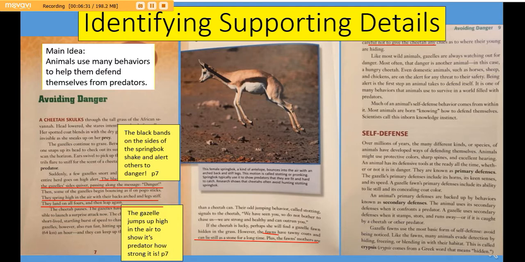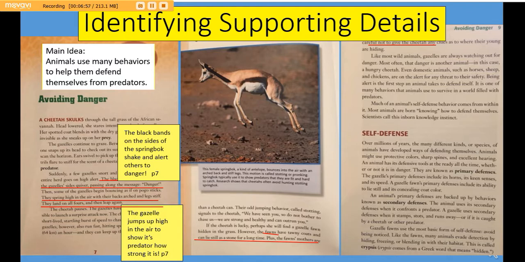Then in the 6th paragraph, I learned that for any animal, it doesn't matter if it's a springbok gazelle or any other animal, being alert is their first step to defending themselves. And I remember reading that at the beginning of this section where it talked about the gazelles watching everything carefully, like looking around, their heads snap up.